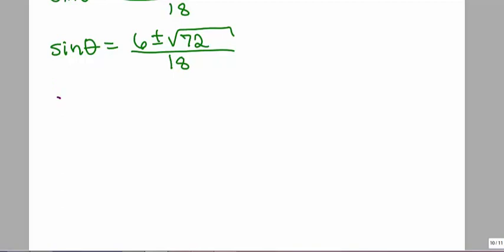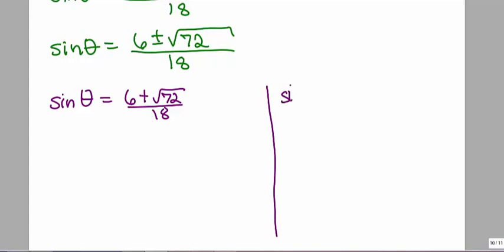So let's separate these. Let's think about this as sine theta equals 6 plus the square root of 72 all over 18. And then sine theta equals 6 minus the square root of 72 all over 18. So that plus minus separates into two separate solutions.